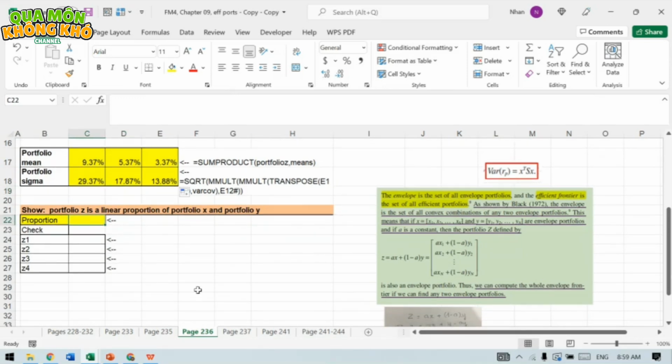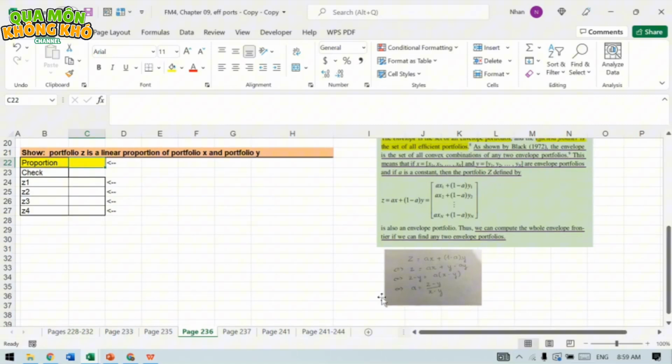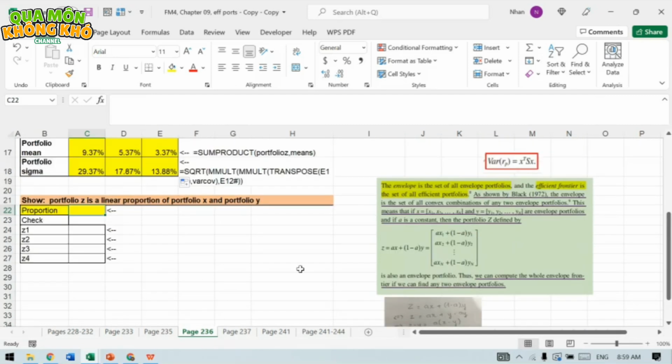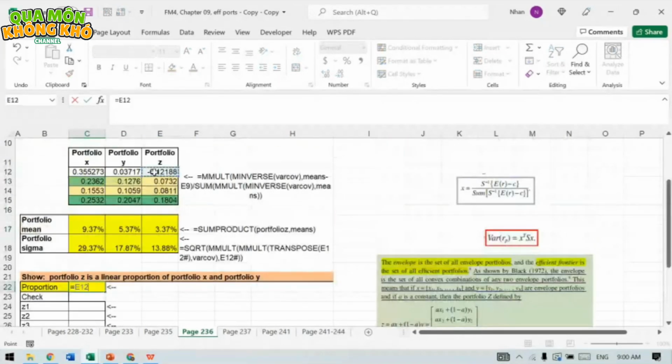I just change a little bit, and I find the A here is called S minus Y divided by X minus Y. So I just apply this to find the A.